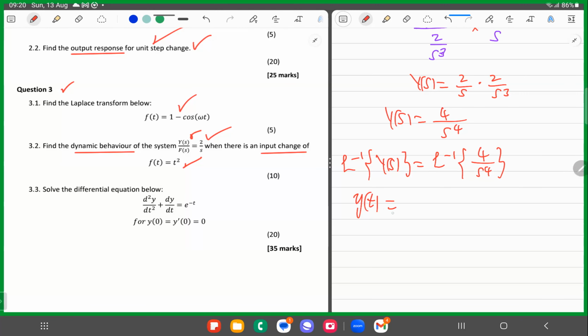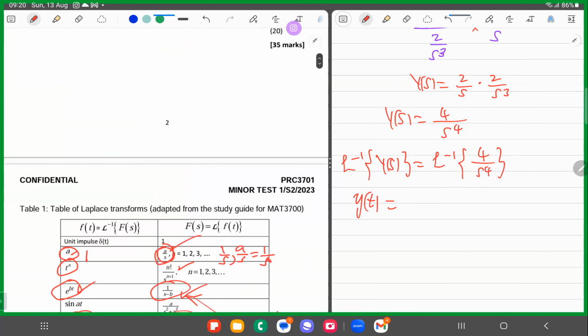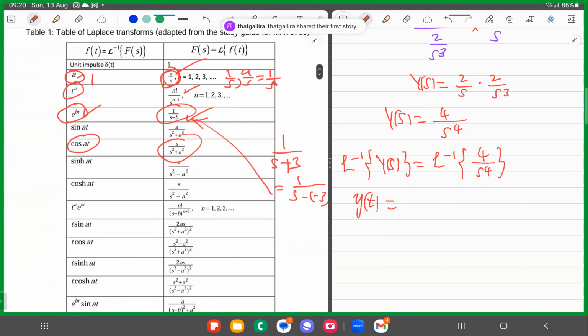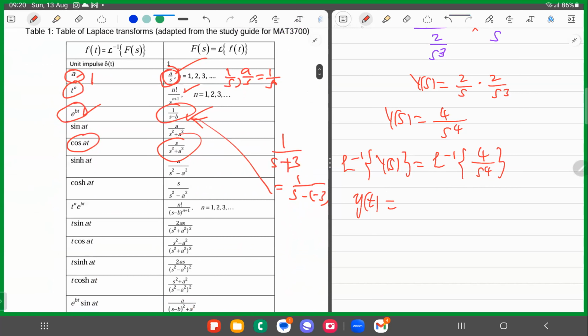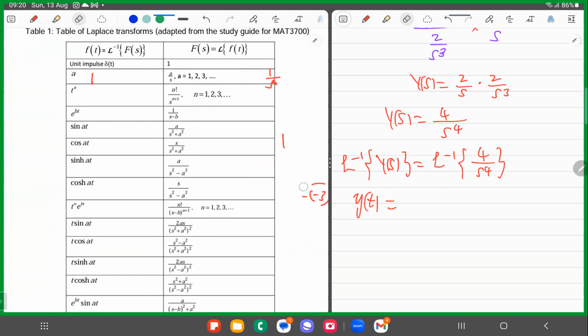Right. So y of t equals this. Now, y of t is the inverse Laplace transform of 4 over s to the fourth. This is very much reminiscent of t to the power n.